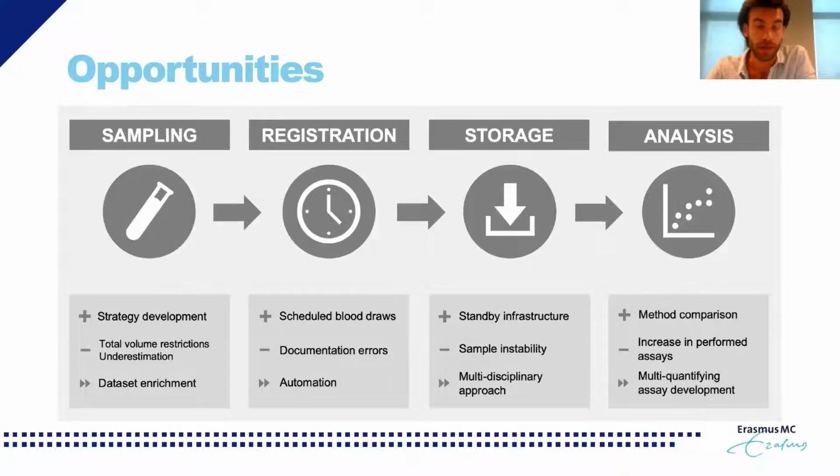As I said, they're scheduled blood draws, so you can't really determine when scavenged samples are being taken. But the huge downside of this is there are documentation errors, and I think that many people who do POPPK case studies are encountering something like this.